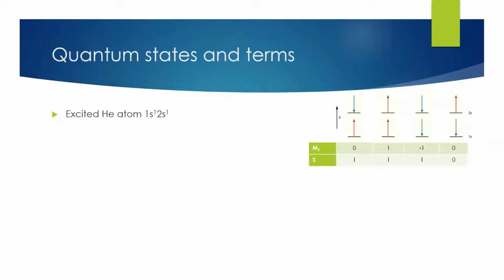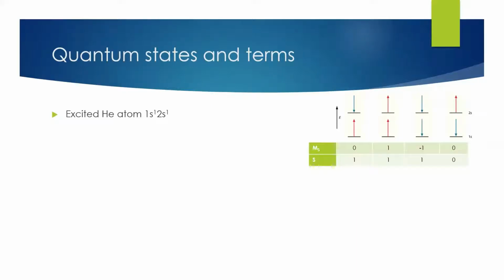So what we have is three states that are kind of the same, they have the same S, and we have one state that is different. Of course, you'll note that this state on the left side is basically the same as the state on the right side. There's not really any obvious reason why one would be associated with the triplet state and the other with the singlet state.